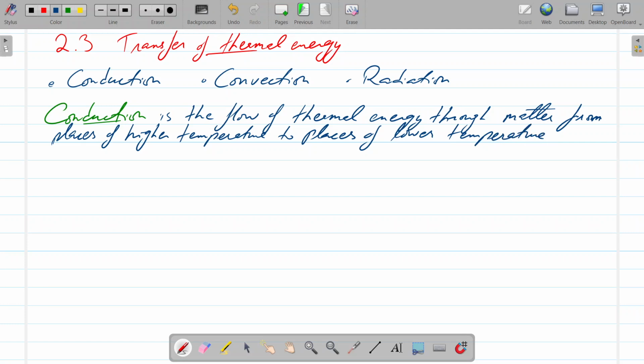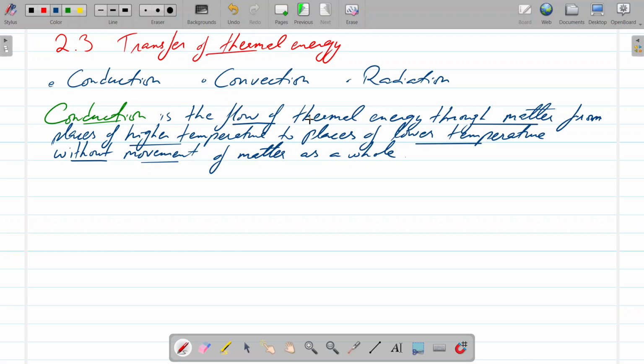And what's important over here is that this happens without movement of the matter as a whole. Without movement. So it is the flow of energy through matter from higher temperatures to lower temperatures within the matter.